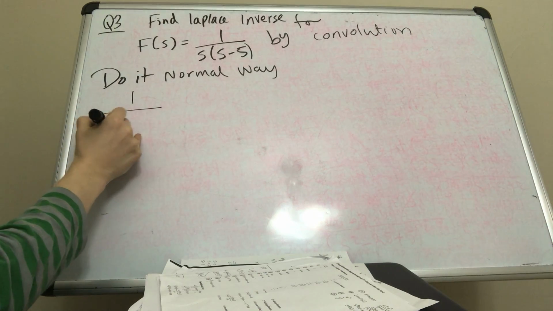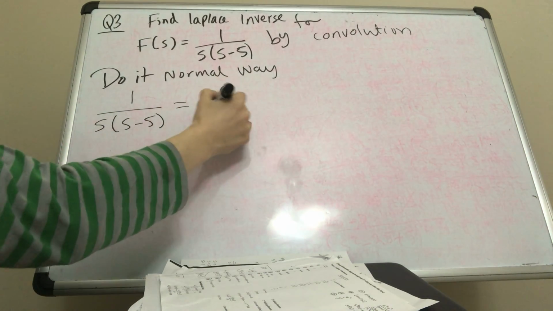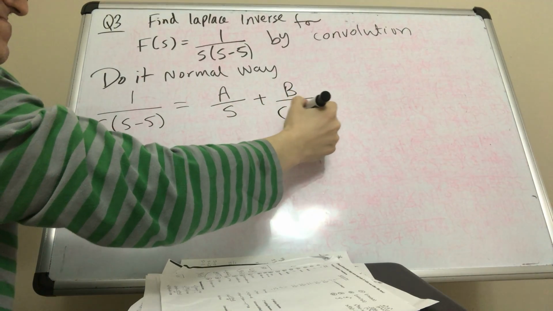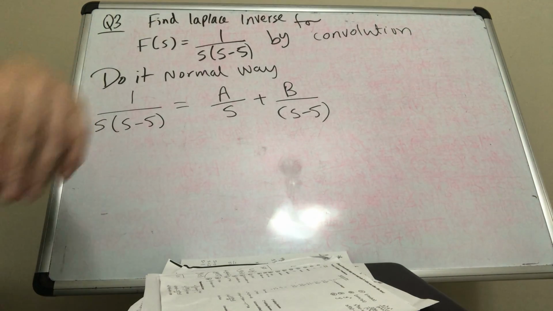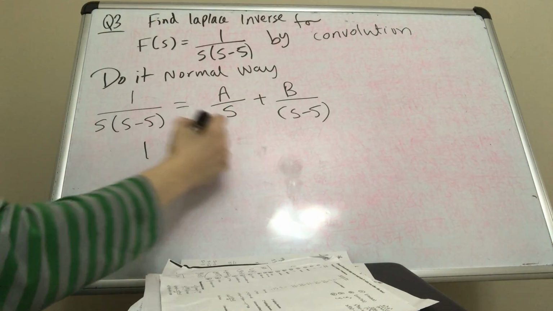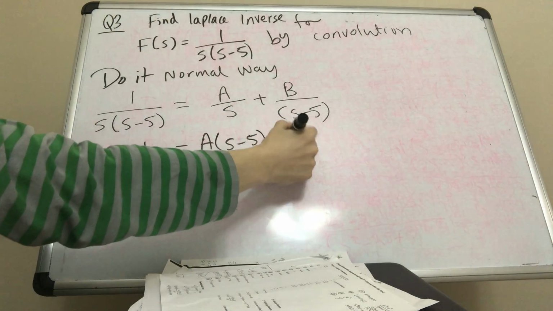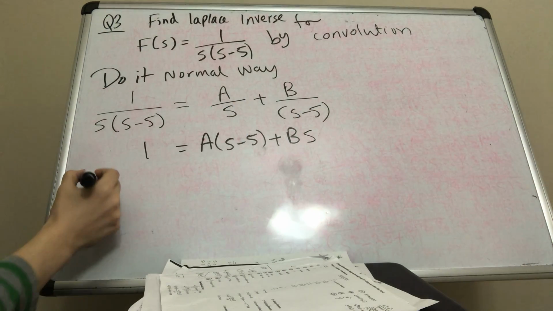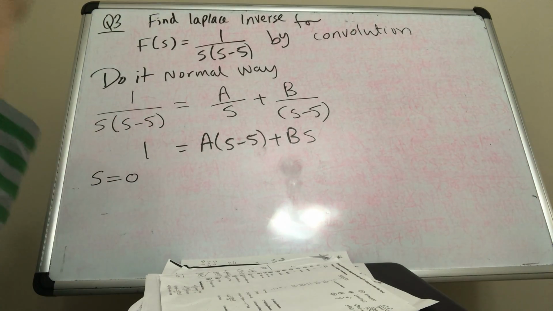So we say it's s minus 5, partial fraction is this. This one has s, so it needs s minus 5. This one needs s. We try 0 to cancel.